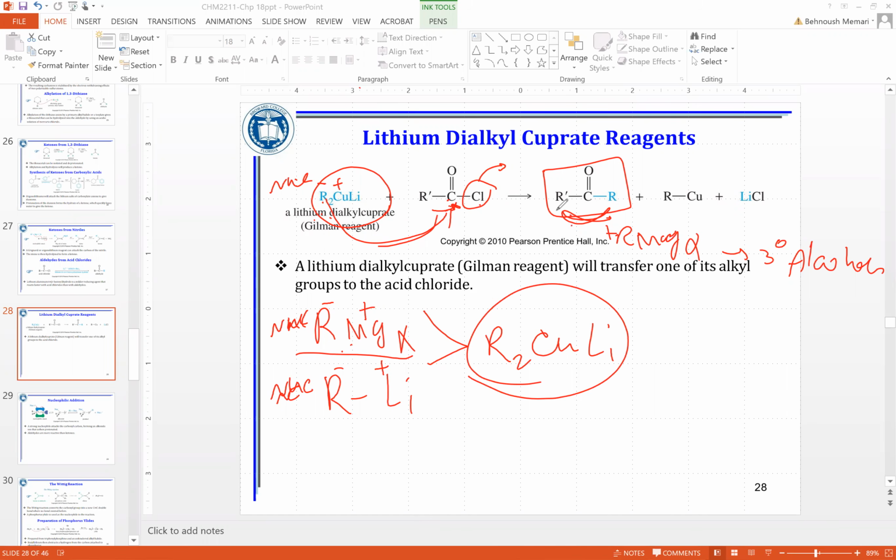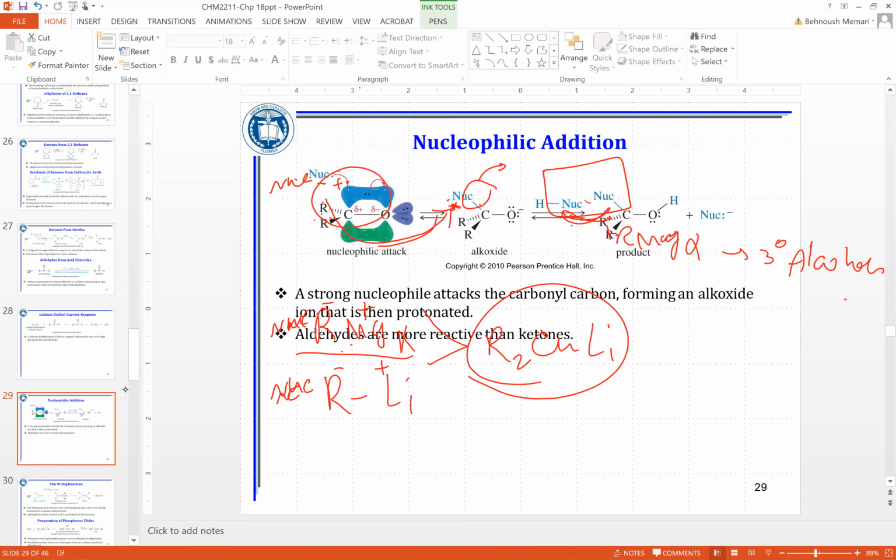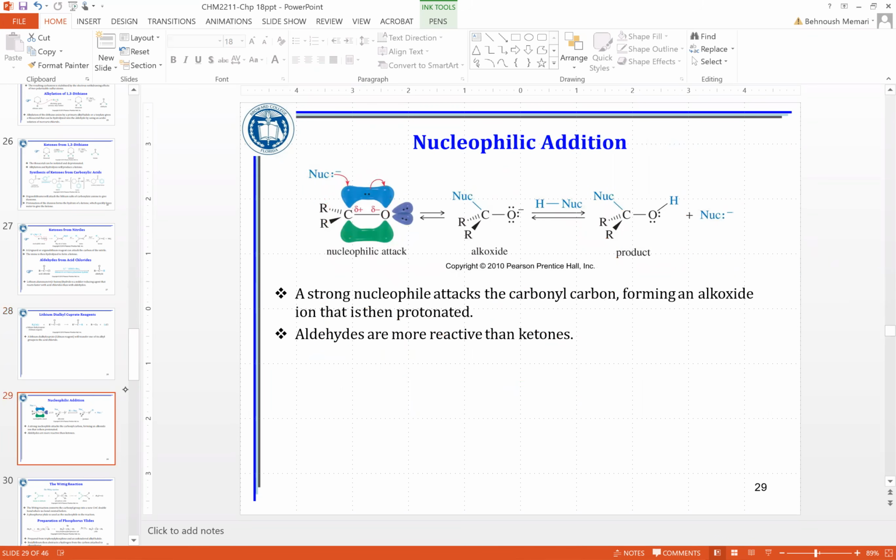If you use Grignard, it can continue this reaction and change to tertiary alcohol. So Gilman reagents would only transfer one alkyl group and replace the chlorine. That's a method for preparation of ketone from acid chloride.